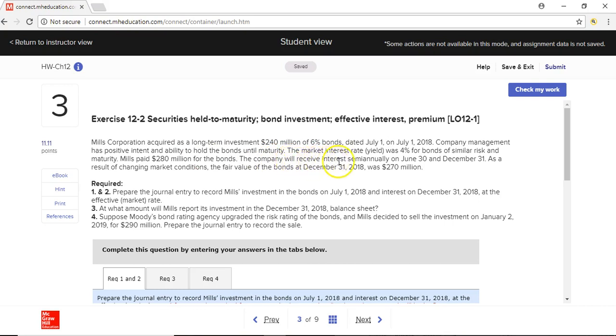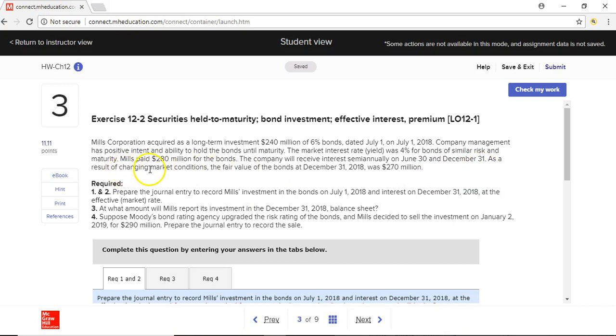The company will receive interest semi-annually on June 30th and December 31st. Therefore, we should calculate cash interest by 3% multiplied by face value to $7.2 million, and we will calculate interest revenue by 2% multiplied by the price, $280 million, to $5.6 million.